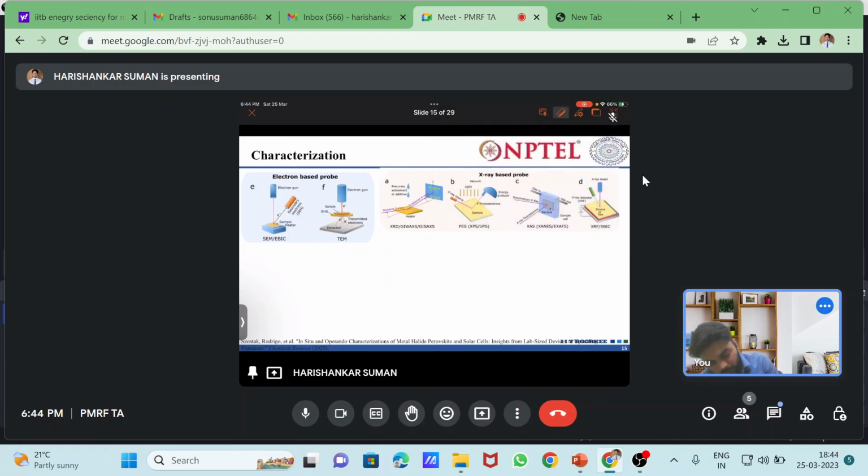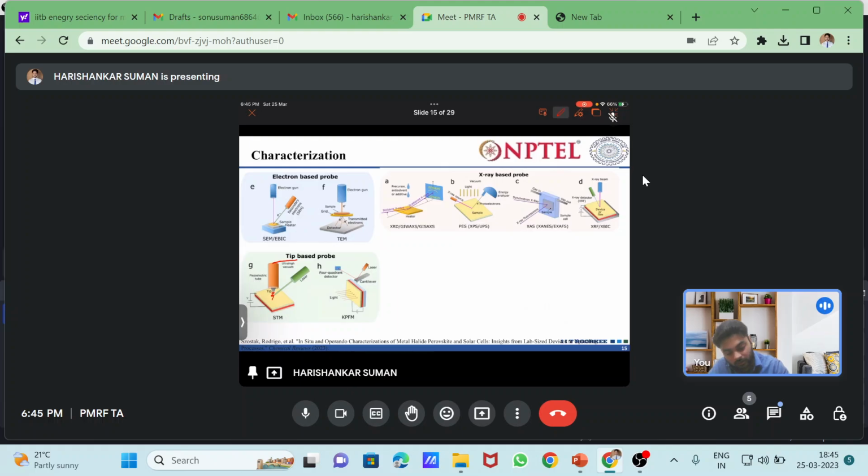The other is tip-based. When the tip is close to the sample and a voltage is applied, connected to the tip, then electrons are sensed, or the tip can touch the sample while scanning.